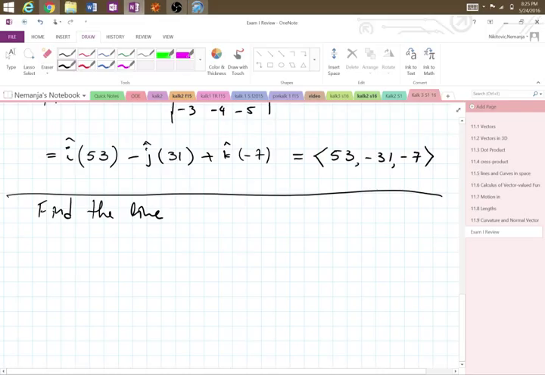Anyone else? This is the one that I got, but now maybe this is a good question. We have to find this point of 0, 0, 0, and then we do the vector.